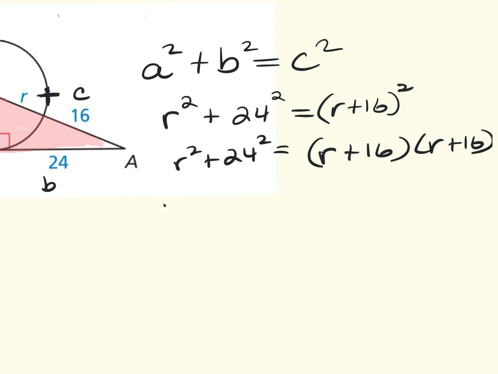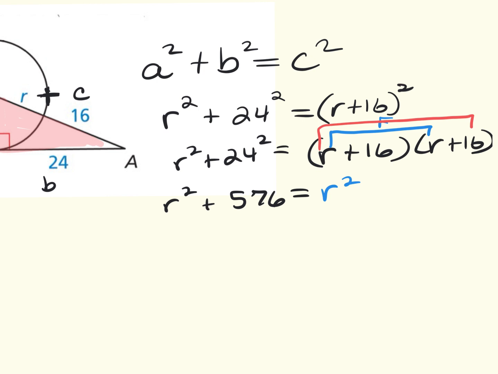So if I go ahead and square the 24 first, I get 576. Now I'm going to work on these two binomials. If I use the acronym FOIL, R times R, the first two terms, gives me R squared. Then when I do the outer or the outside terms, R times 16 is 16R. Or again, just think about distributing the R to both of the terms.